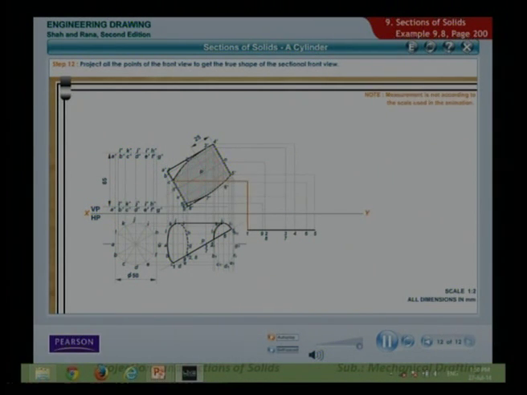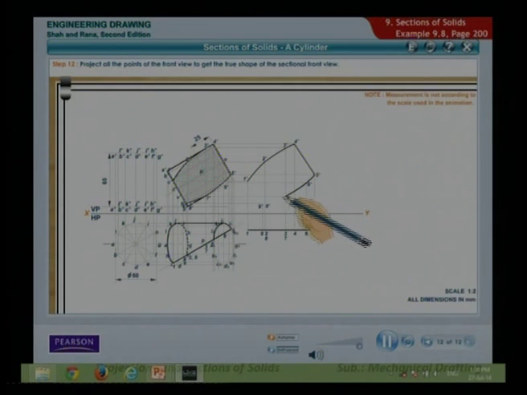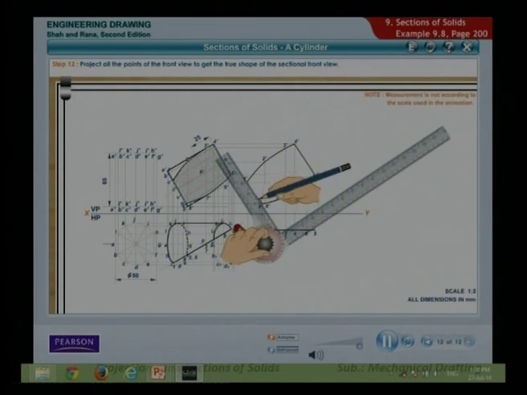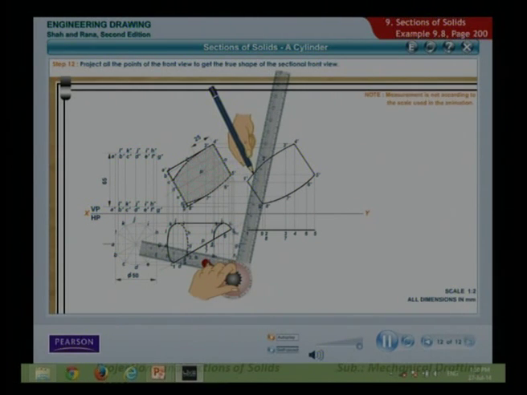Mark each intersection point as shown. Join 1 dash through 9 dash with a thick line. The hatched portion shows the true shape.